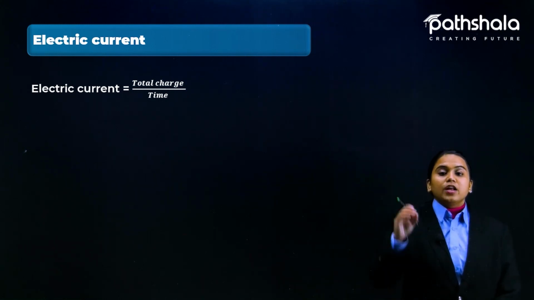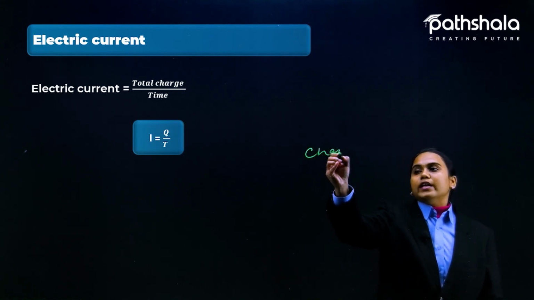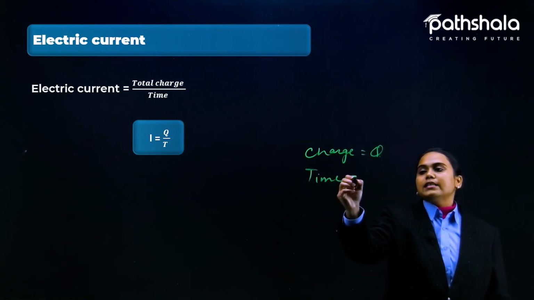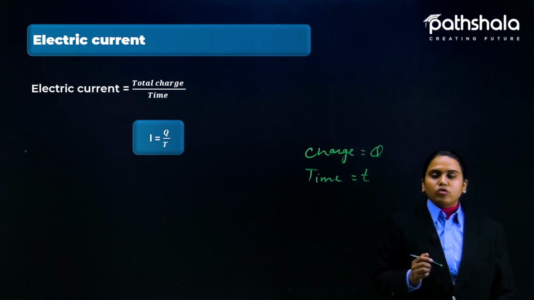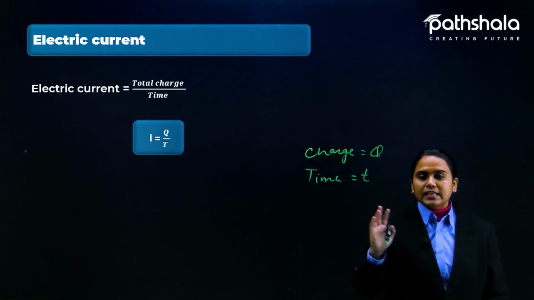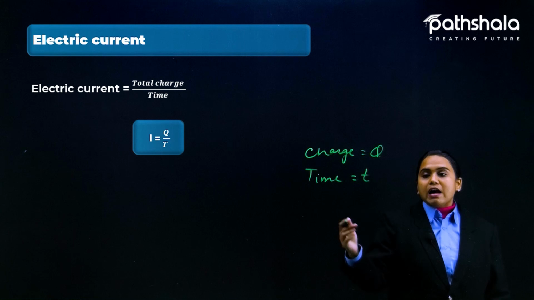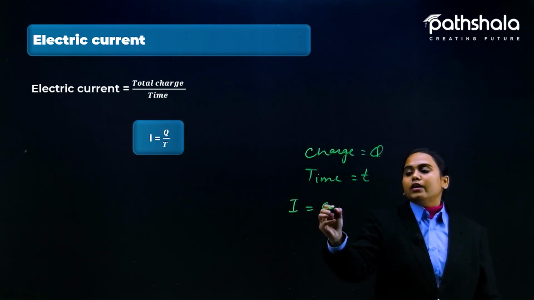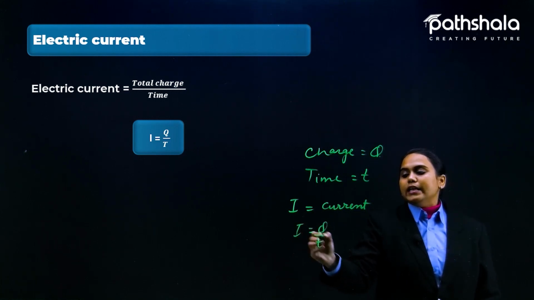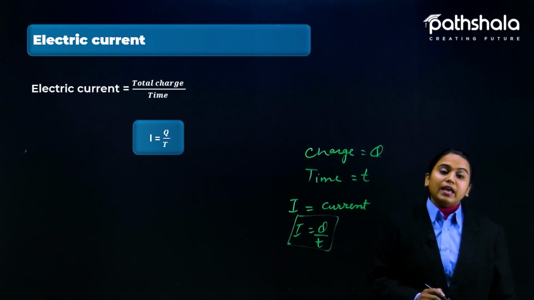Charge can be denoted by Q, and time by T. I is the symbol for the current. So I equals Q by T is the formula to calculate the amount of current flowing in the wire.